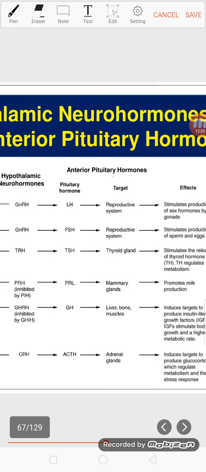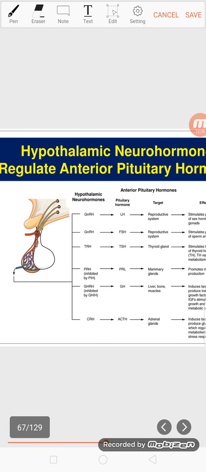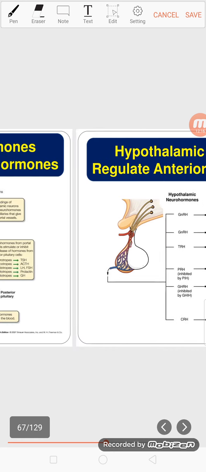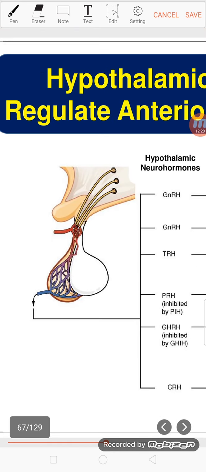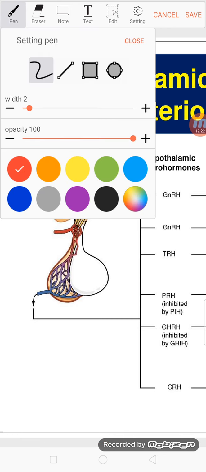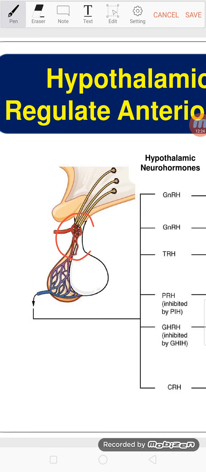Okay, so as you can see here, the hypothalamus neurohormone, for example GnRH, is secreted by the hypothalamus. When it is present, it will travel to the capillaries and enter these capillaries over here.